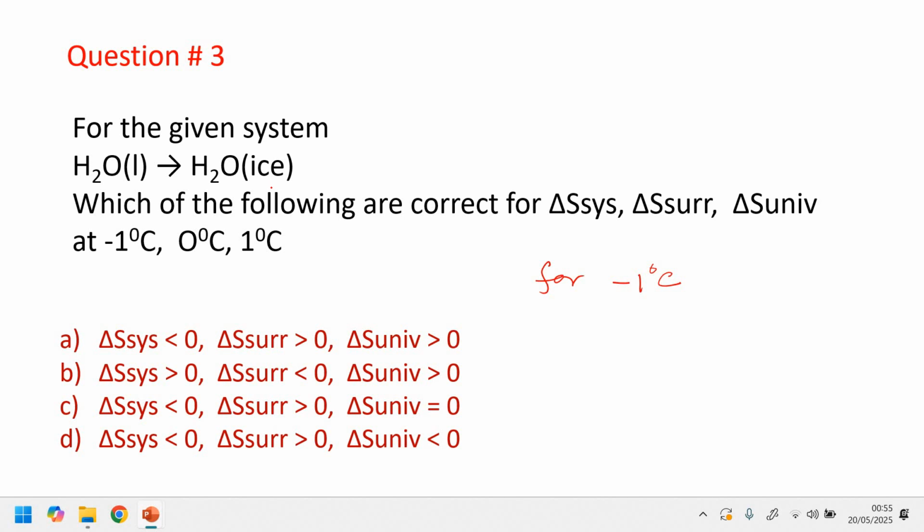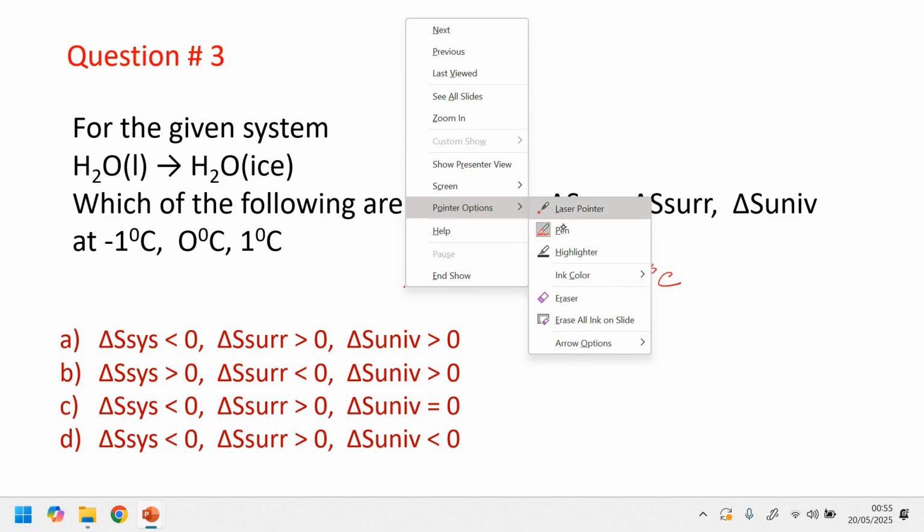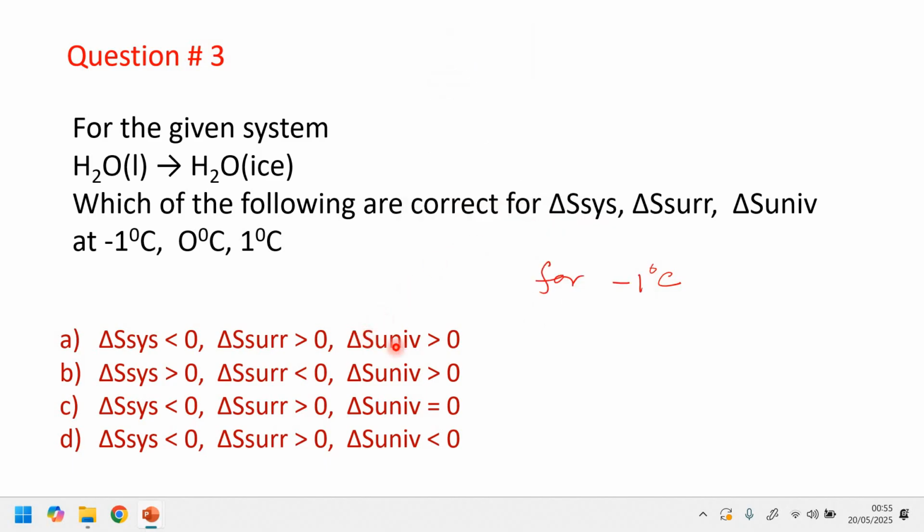Spontaneous process, right? Spontaneous process means the total entropy change will be greater than 0. Total entropy change greater than 0, where it is? Greater than 0 only in option A and in option B.